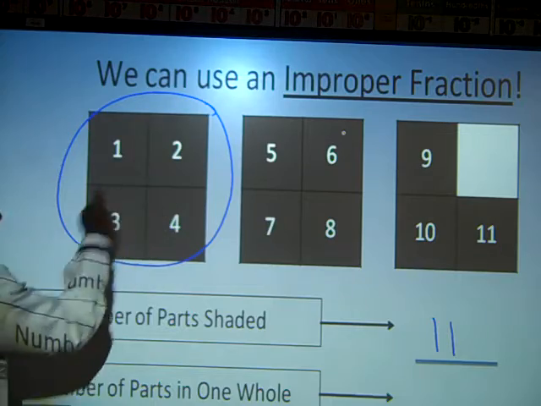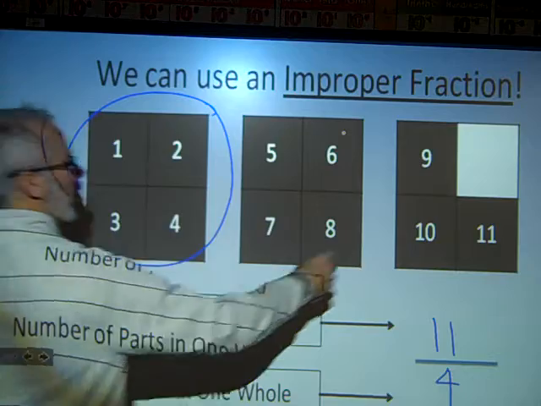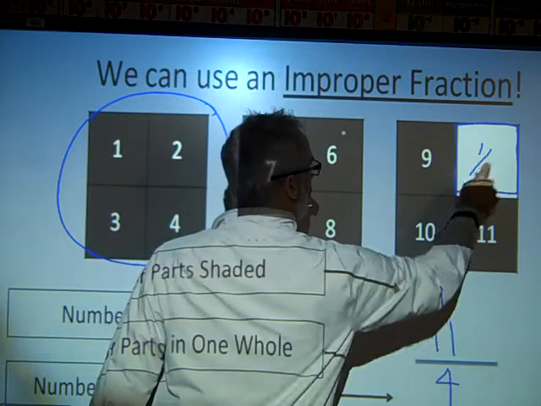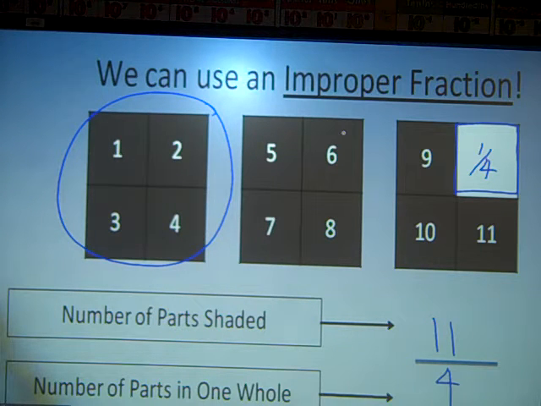And in this case, we have 4 pieces make up a whole. So what I counted here was 11 of these shapes right here. And this shape is called a fourth. That is the unit fraction here. So I counted 11/4 is what was shaded. Right? And I know that unit fraction should strike a chord in your mind from 3rd and 4th grade. A unit fraction is just one piece of the whole.